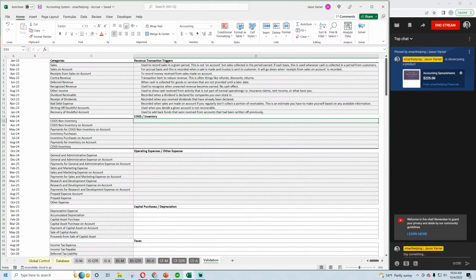So that's fine. Used to record when an expense is incurred in the same month it is paid out of the bank for cost of goods sold items not including inventory.